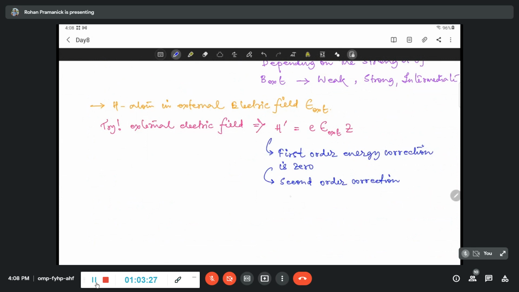So this is E_n^(2). Let's say you calculate it for the 100 state, and you find the second order correction. You find that it is minus 9/4 m E external squared a to the power 4 by h cut squared. So this is the thing.